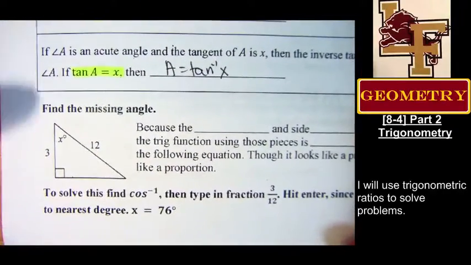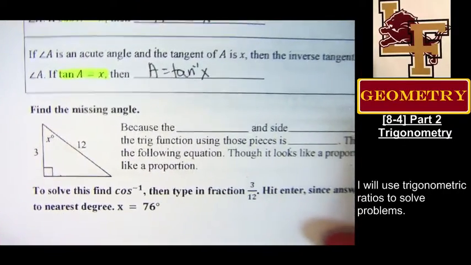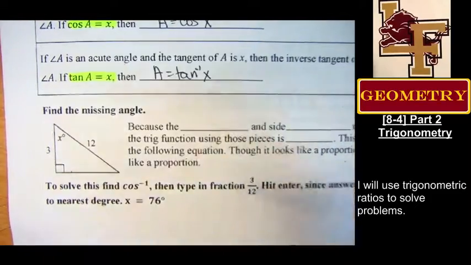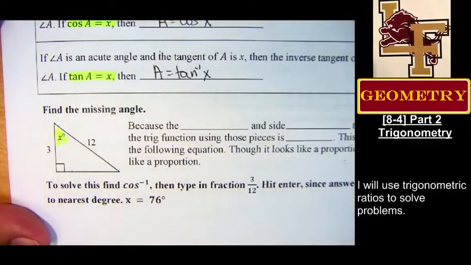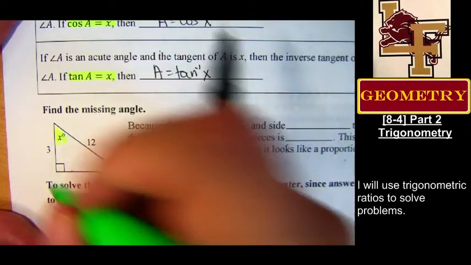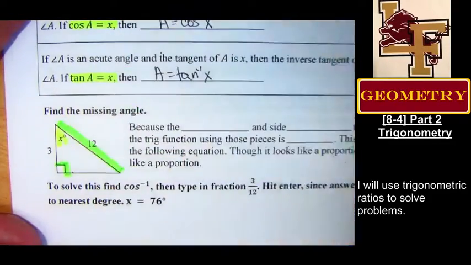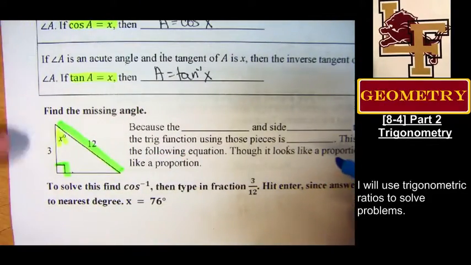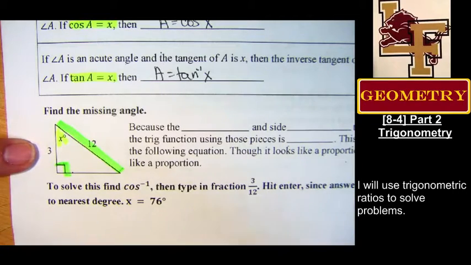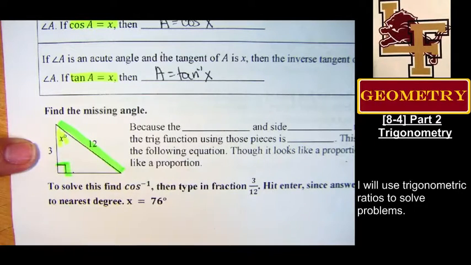We're going to find the missing angle in this triangle. Here's the angle that we're trying to find the secret identity of. Here's our right angle. There's our hypotenuse. And the side that we've been given information on, is it adjacent or is it opposite?